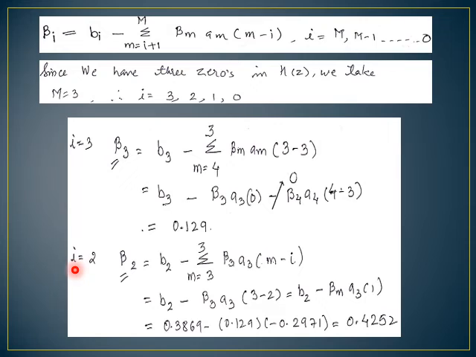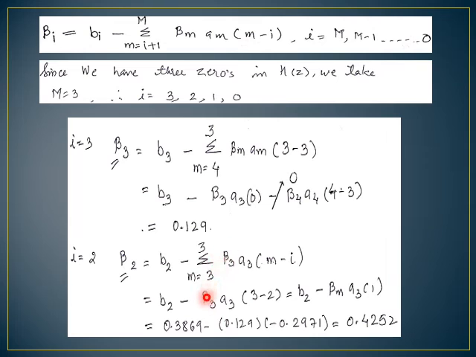Now we'll be calculating I equal to 2. Here beta 2 is equal to B2 minus the summation of M equal to I plus 1, that is 2 plus 1, till 3. So the summation of M equal to 3 to 3 of beta M into A M of M minus I. So here we get B2 minus, and we are going to expand this term now.